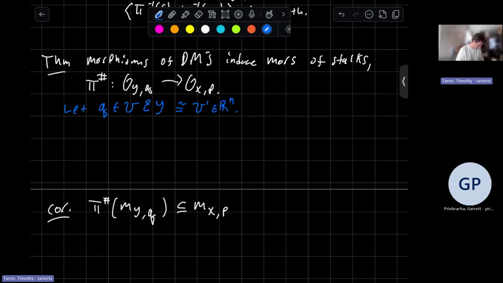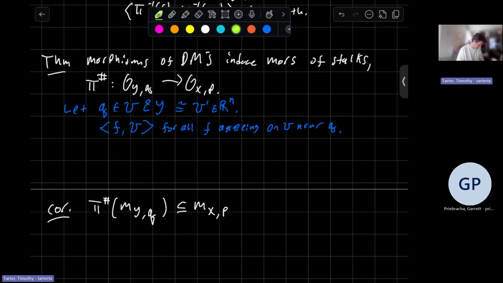Then we can define f comma u for all f agreeing on u near q.